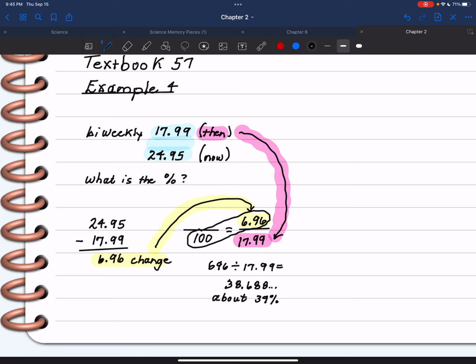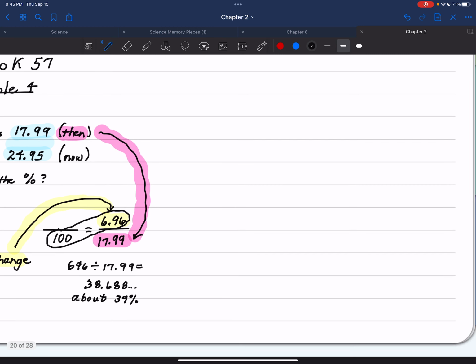Okay, let's look at another one of these. This is example 5. Every year, the gym holds a New Year's resolution promotion.